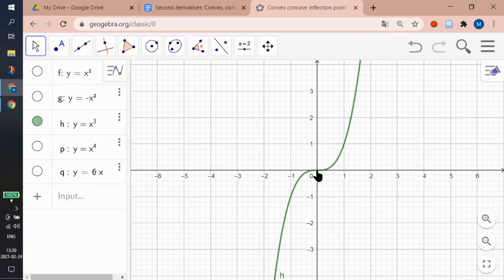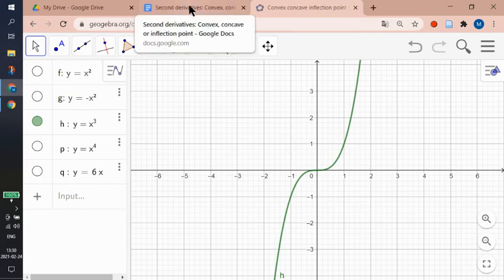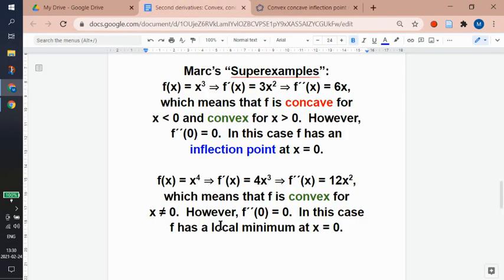But if it's not a terrace point, it can still be an inflection point if the curvature changes from concave to convex at that point, or vice versa. So that was an example where the second derivative was 0 and there was an inflection point at that point.